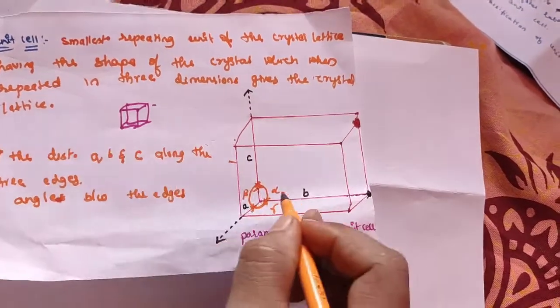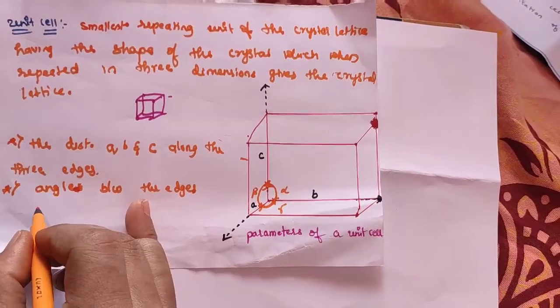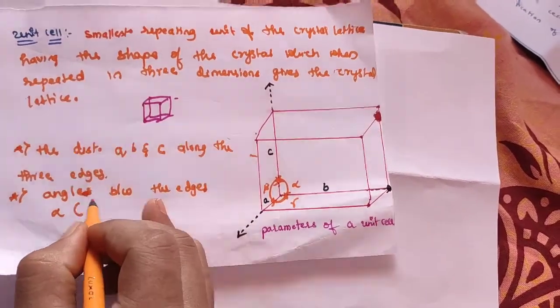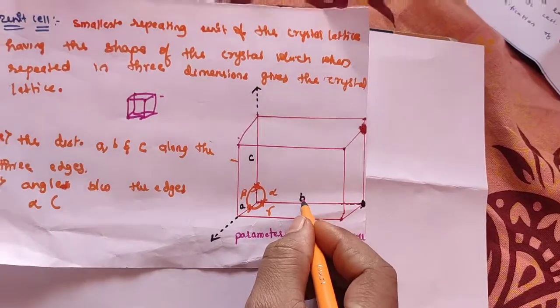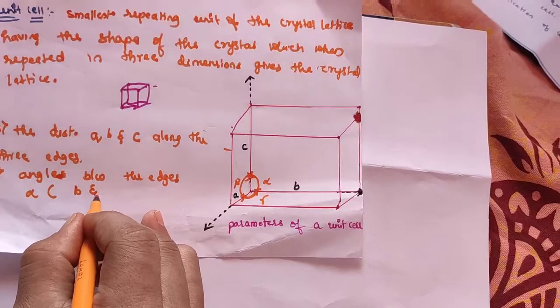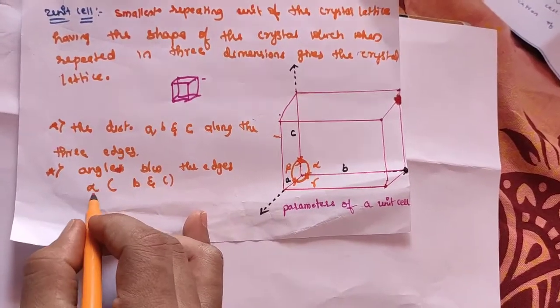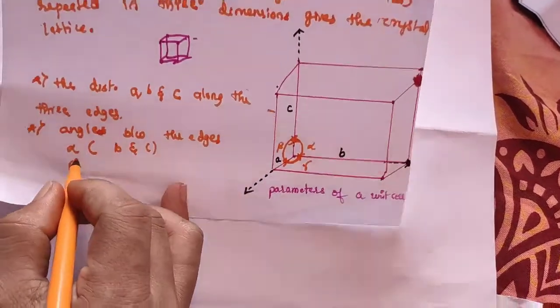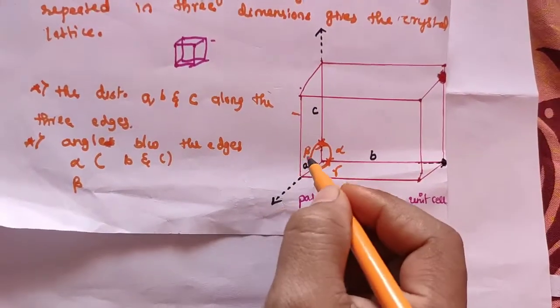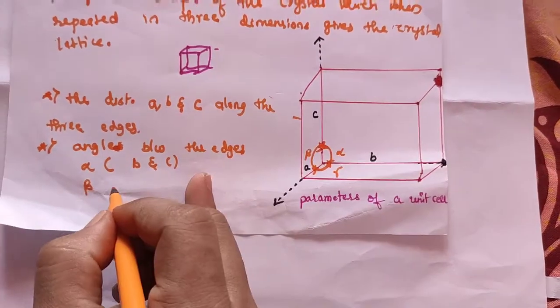You can take them as alpha, beta and gamma. Alpha mainly indicates the angle between the edges B and C. Then the next angle, beta, indicates the angle between the edges A and C.